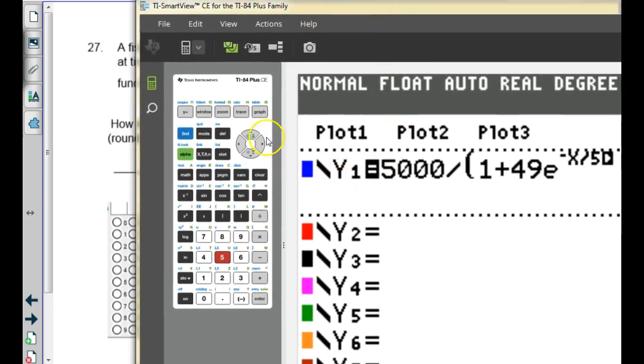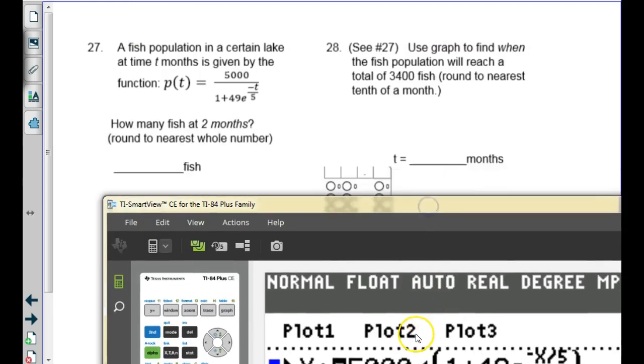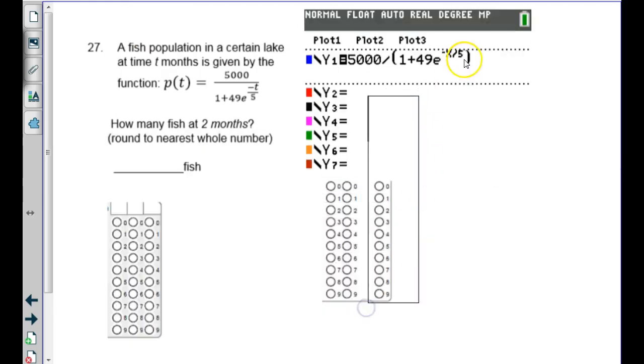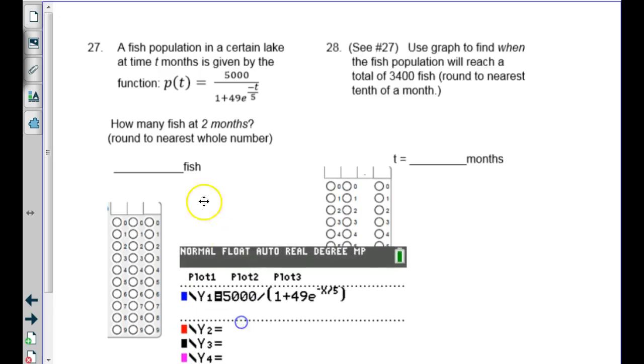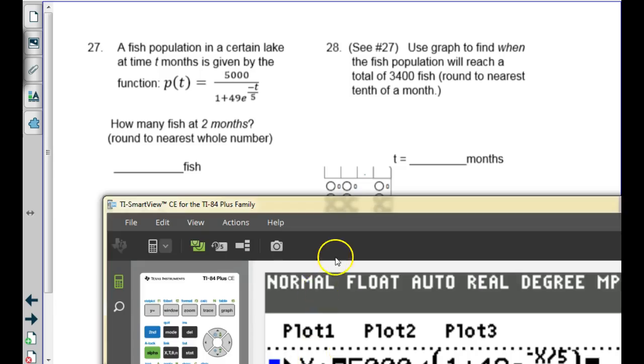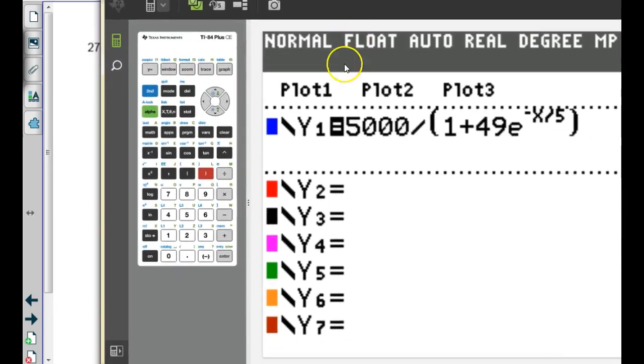Up in that little box, arrow to the right, close my parenthesis. Okay. How many whole fish were there at 2 months? What do I want to do? I could actually go to the table, yep, and just look up 2.